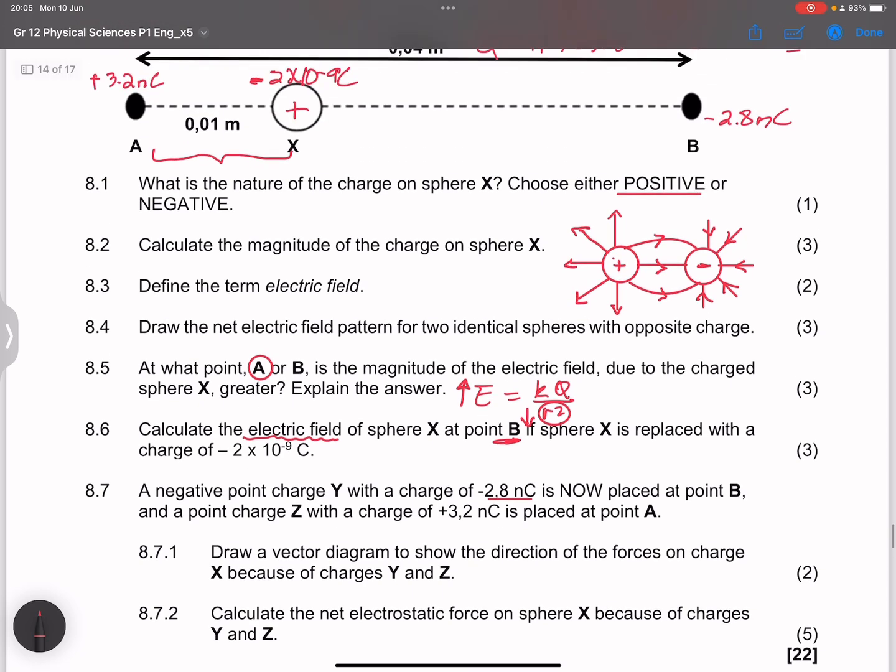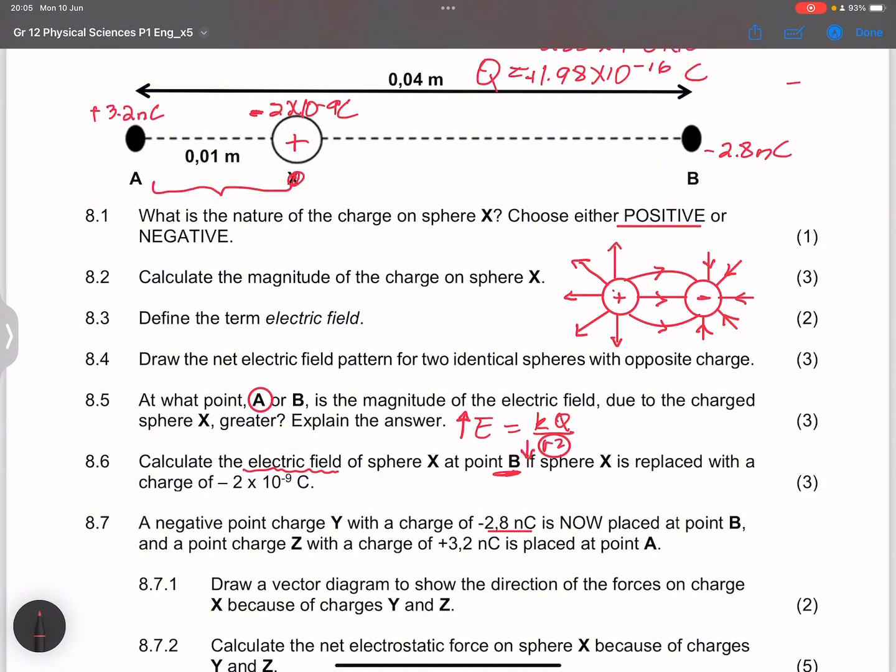So remember, in this case, when we look at charge X, it is negatively charged. So which means charge B would exert a force of repulsion, actually. Because they are both negative, B would repel charge X. Okay, so this would be the force of B on charge X, and A would actually attract that.